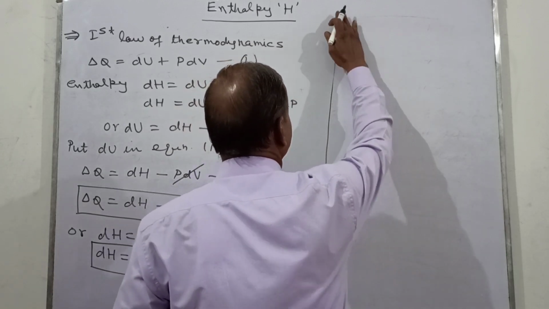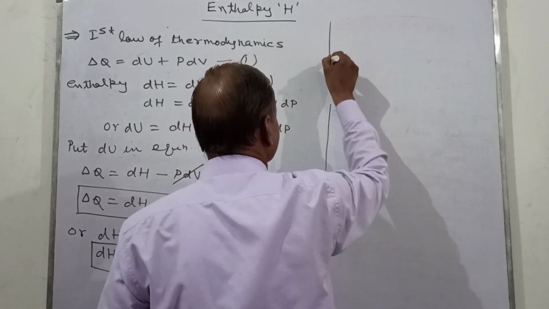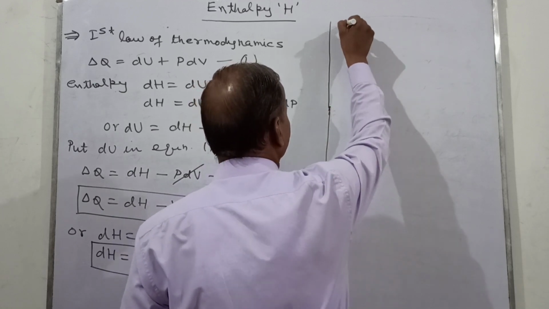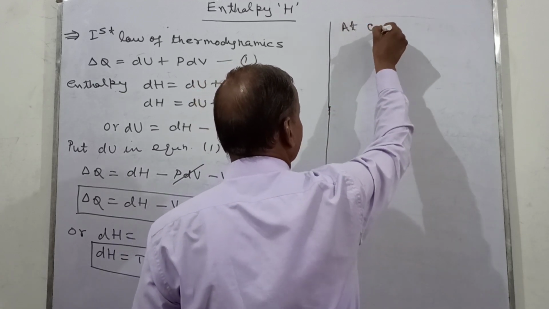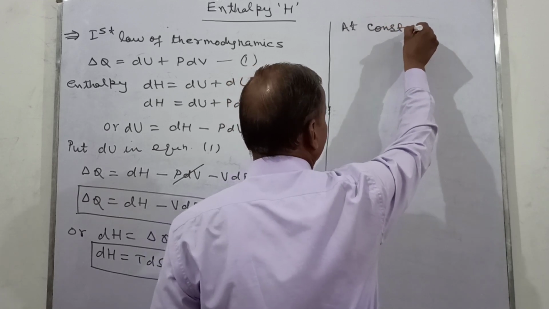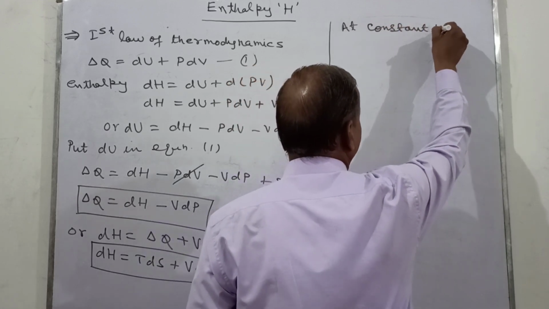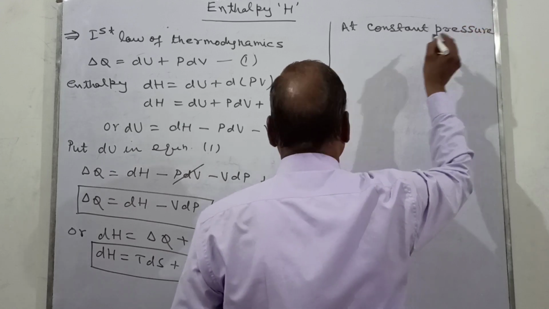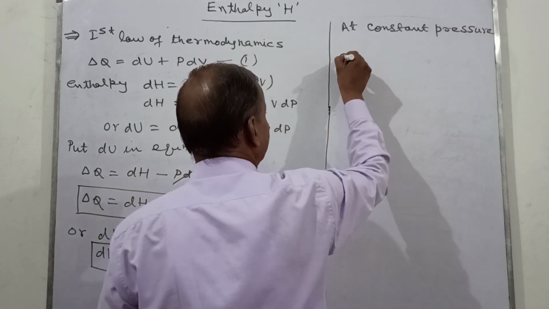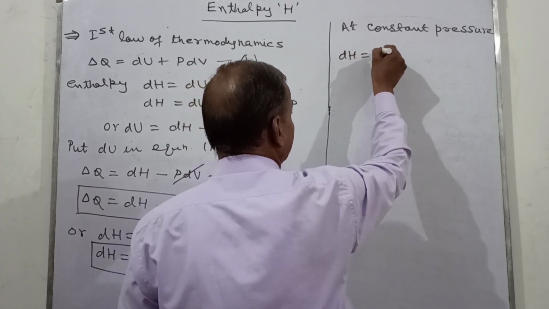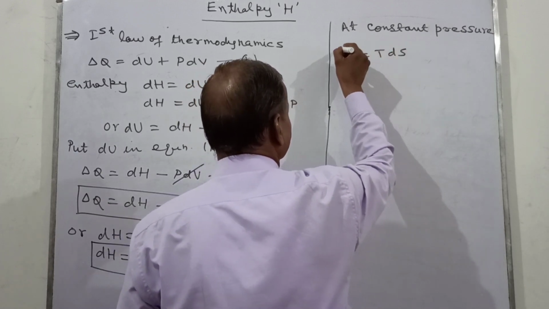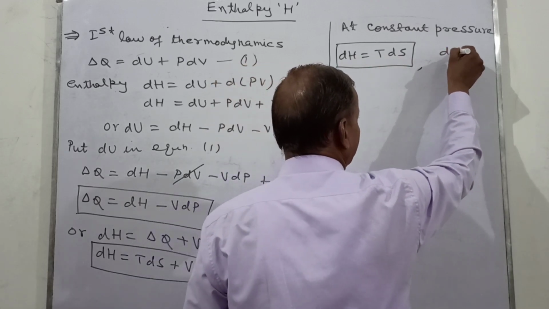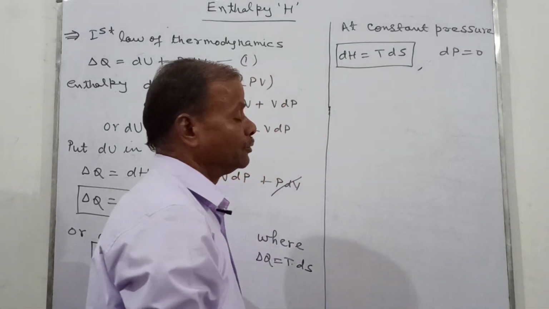At constant pressure, now this dH is equal to TdS, because this dP is equal to 0.